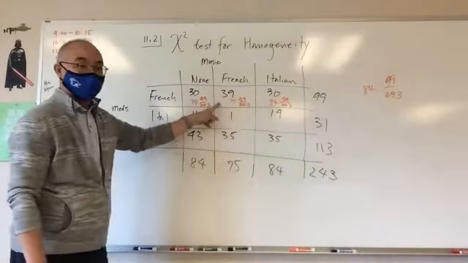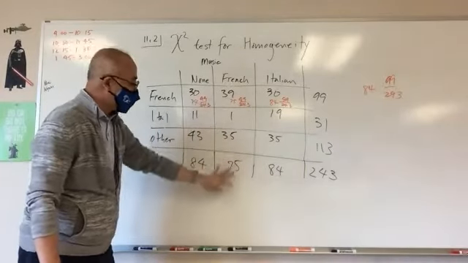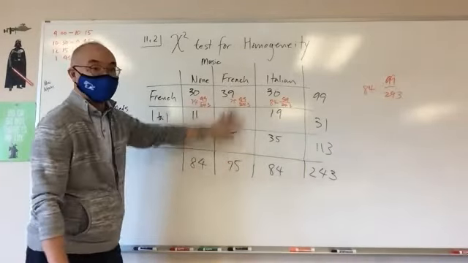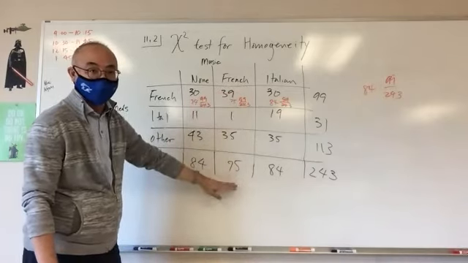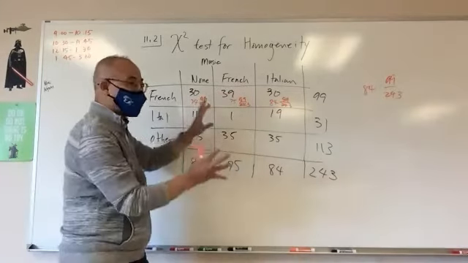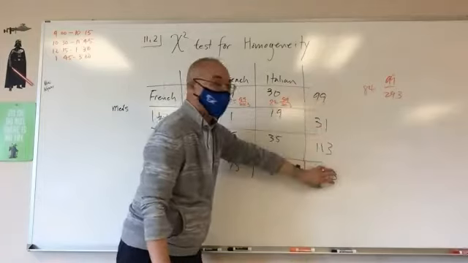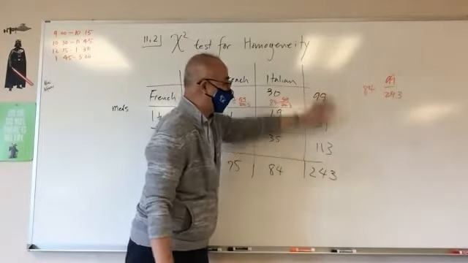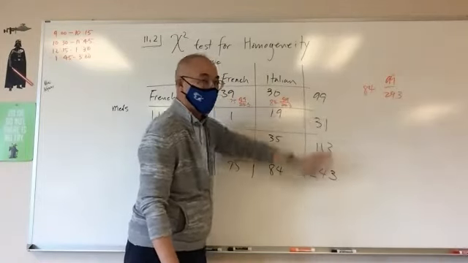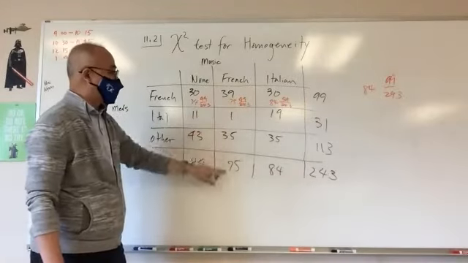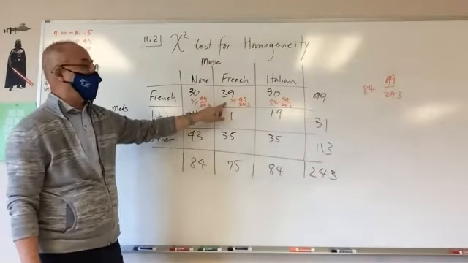Same thing over here. Out of the 75 times that I played French music, with that same ratio of 99 out of 243, that's how many people should have ordered.